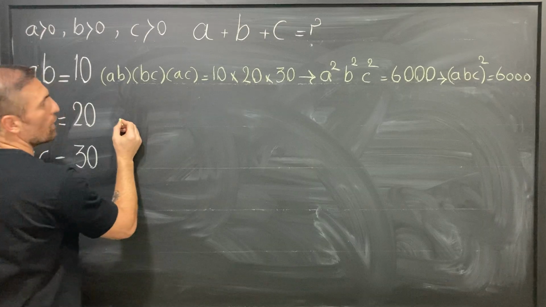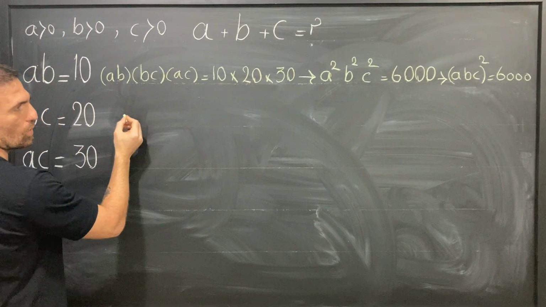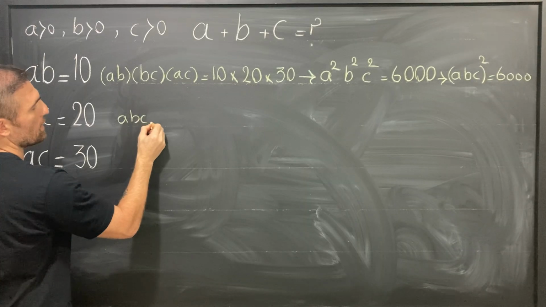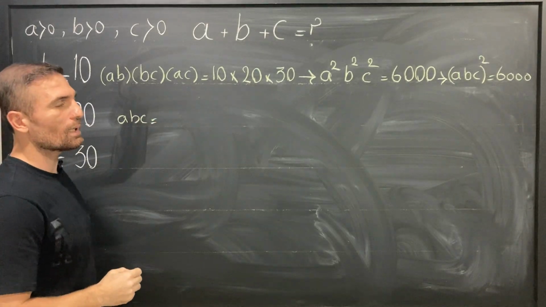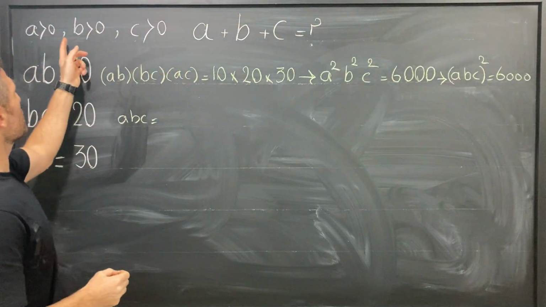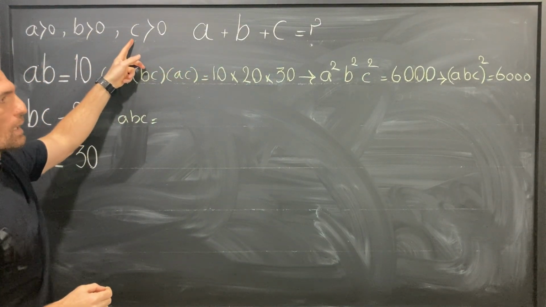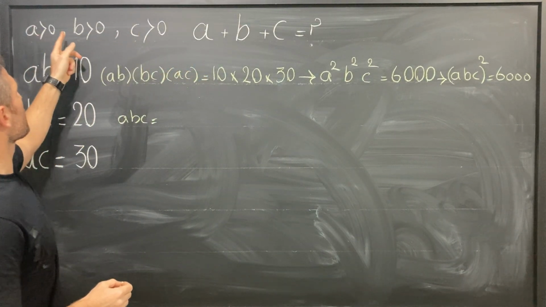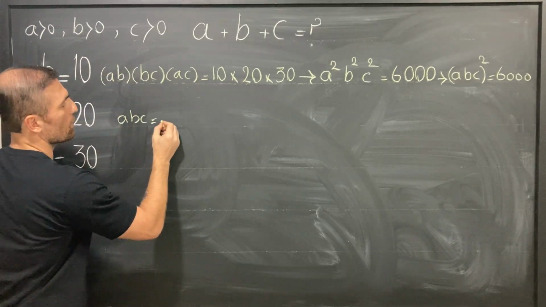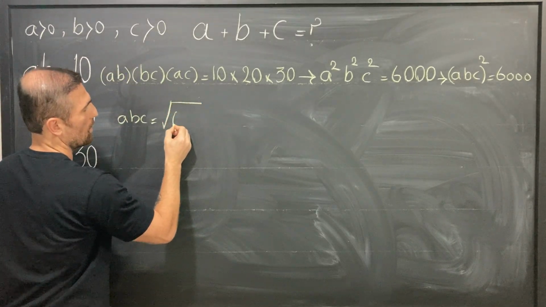So, when (abc) squared is 6,000, abc is going to be positive or negative square root of 6,000. But do not forget, a, b, c are positive numbers. So multiplying the three numbers is going to be positive. So I write only positive.